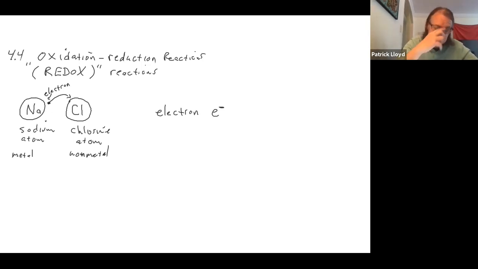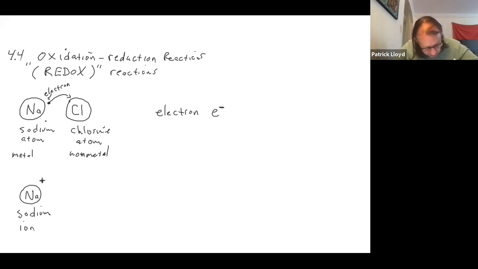This is what's observed. And so when that happens, the sodium atom is no longer an atom. It's now an ion. It now has a positive charge. And this would now be called a sodium ion, because it's positively charged.